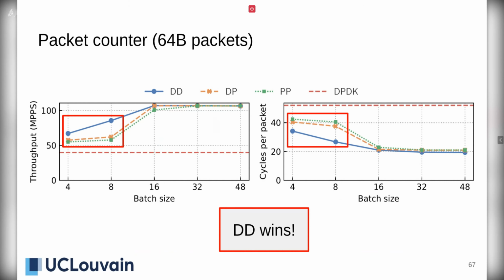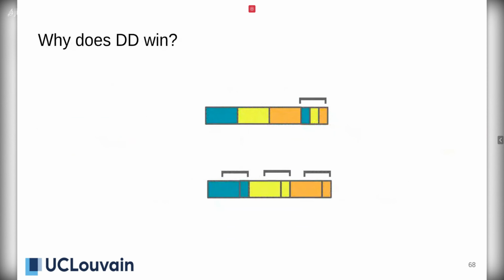Furthermore, if you look inside all the ASNI applications, we see that the DD version, the version that puts the descriptor at the beginning, is by far the most efficient. We see on the left that it has higher throughput, and on the right, it consumes fewer CPU cycles to process the packets. So we can think about why this DD version is better.